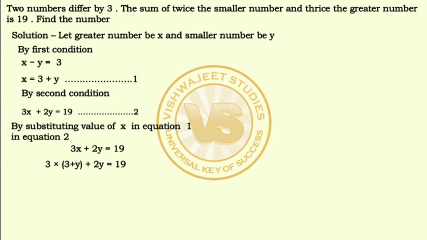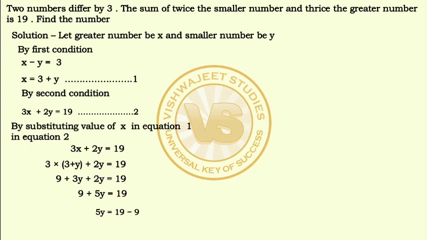So we get 3 into bracket 3 plus y bracket complete, plus 2y is equal to 19. We are going to take multiplication first. 3 into 3 is 9, plus 3 into y is 3y, plus 2y is equal to 19. 3y and 2y are like terms. So after addition we get 9 plus 5y is equal to 19.